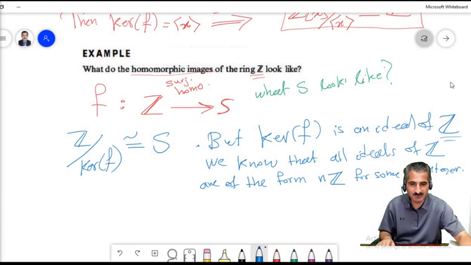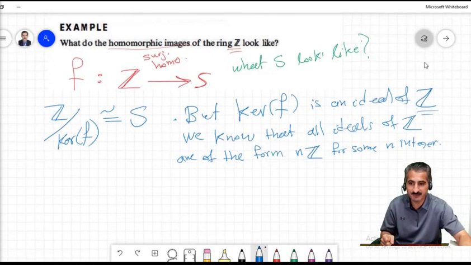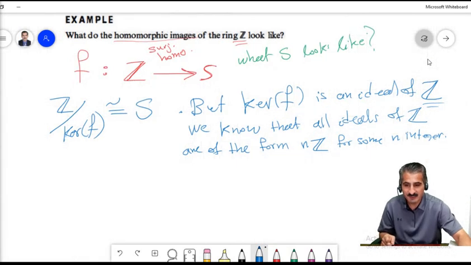Because ideals are subgroups, and the subgroups of Z are of that form. Therefore the kernel of f must be something like this.